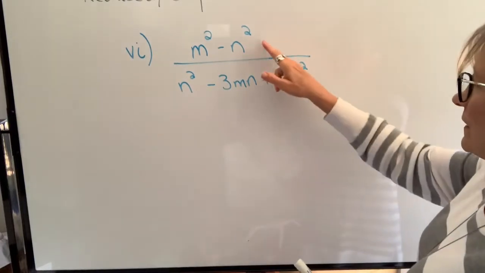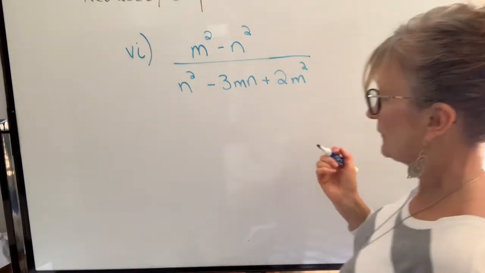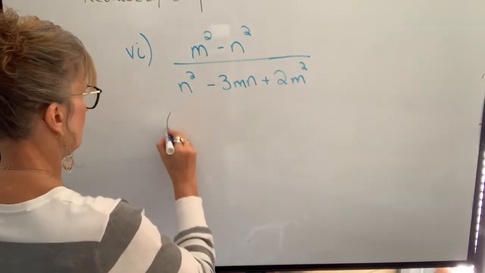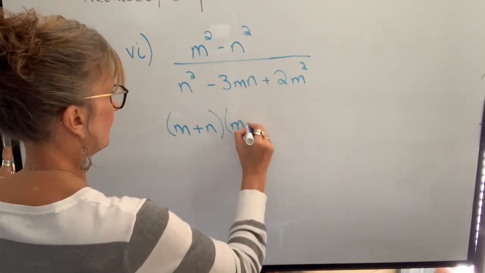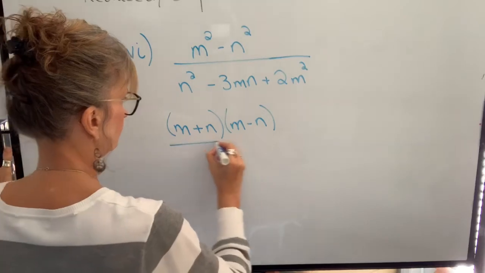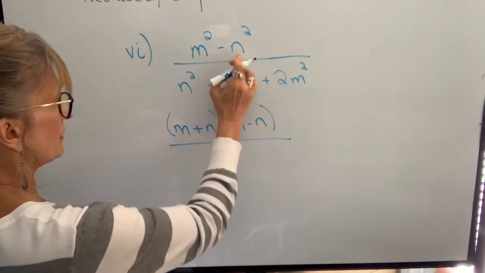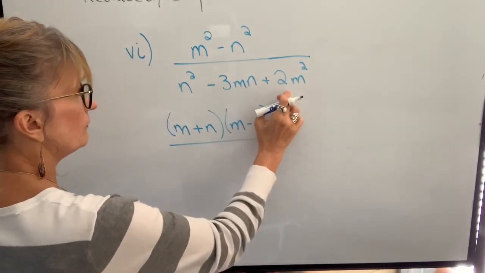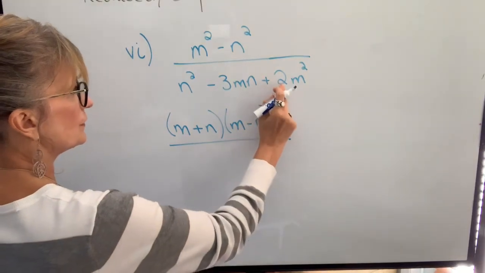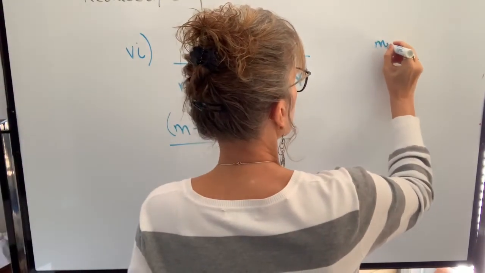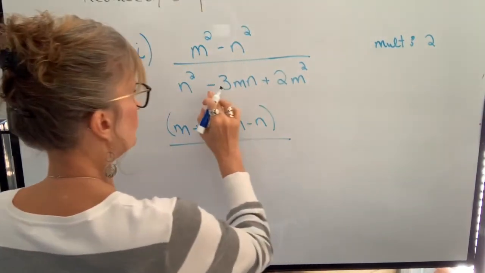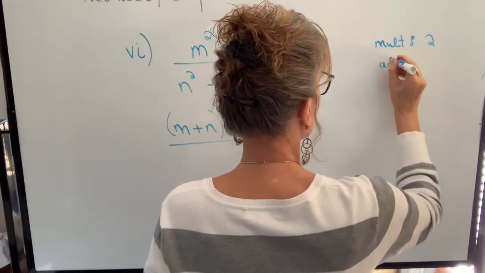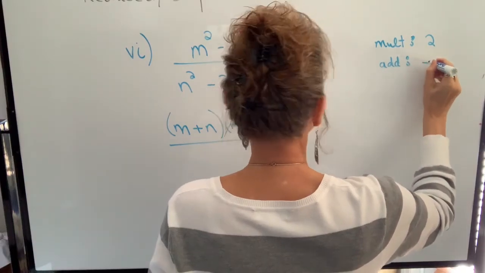So let's factor the numerator. It will be m plus n times m minus n, difference of squares. This one we can factor by finding two numbers whose product is 2, so they have to multiply to equal 2, and whose sum is -3.